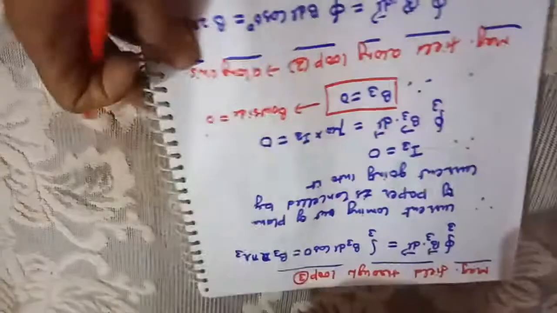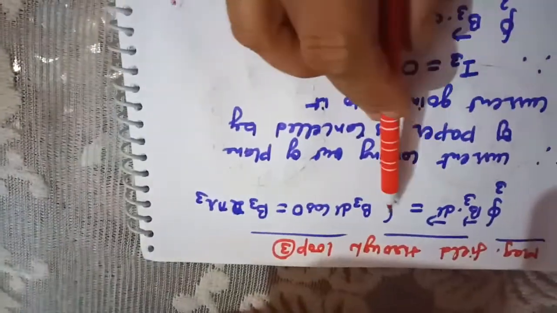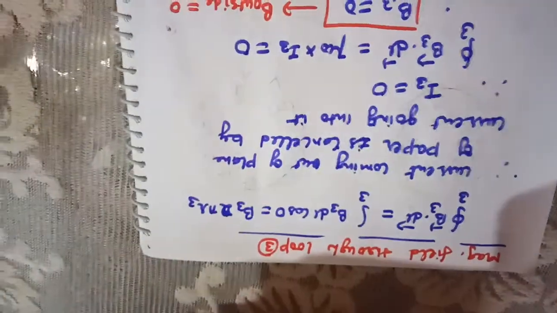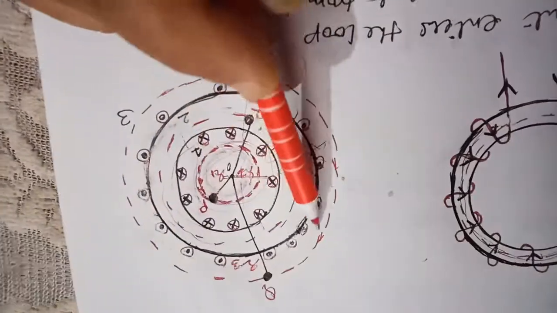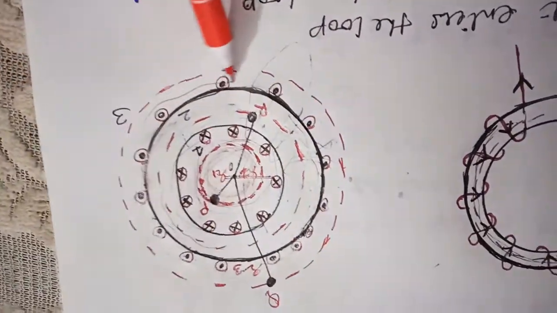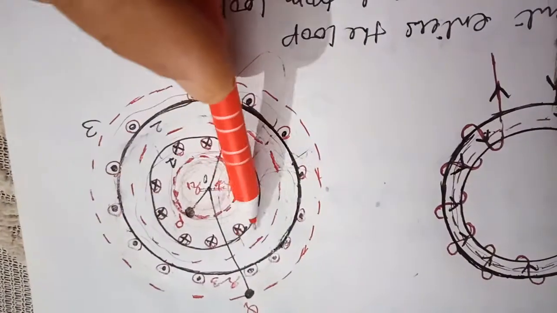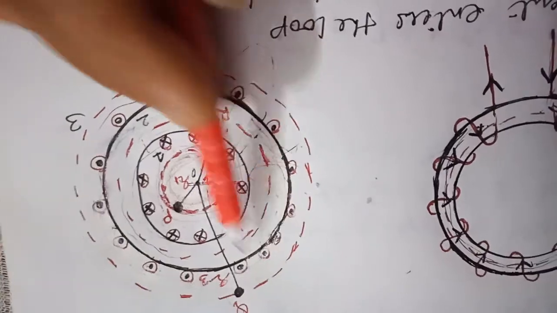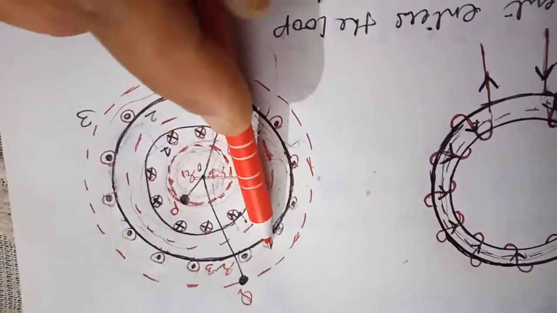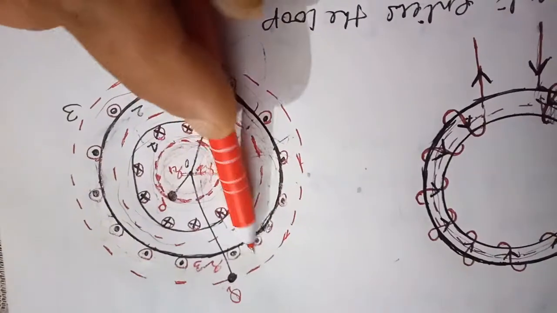Now come to the second condition, the magnetic field through loop 3. See here, this is loop 3. This is the current which is flowing inward, and this is the current coming out, so the algebraic sum is equal to 0.